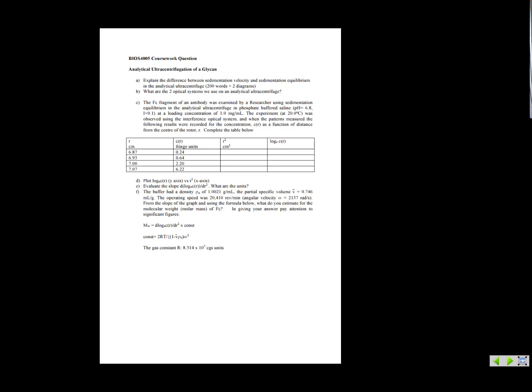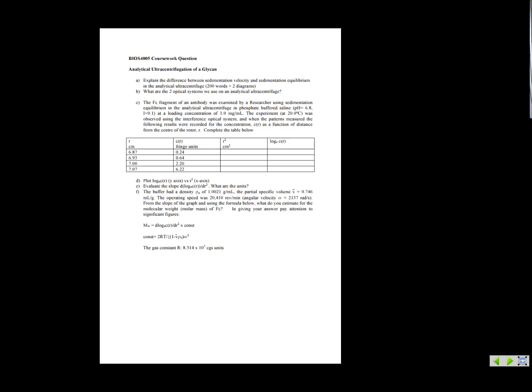It asks you in about 200 words to describe these differences, and maybe a couple of diagrams. And then part B, what are the two optical systems we use on an analytical ultracentrifuge? And then part C, there's a calculation based on an Fc fragment of an antibody molecule, which is a glycan. It's got a carbohydrate attached.